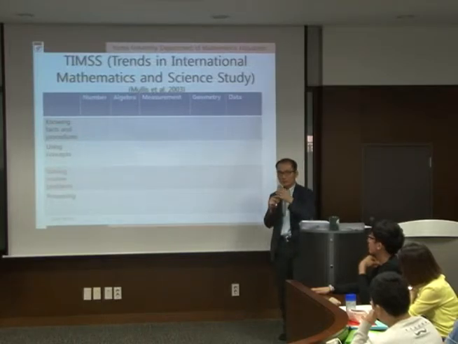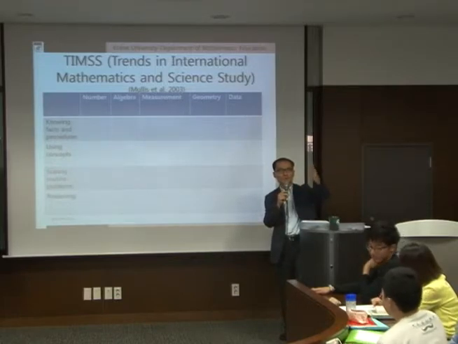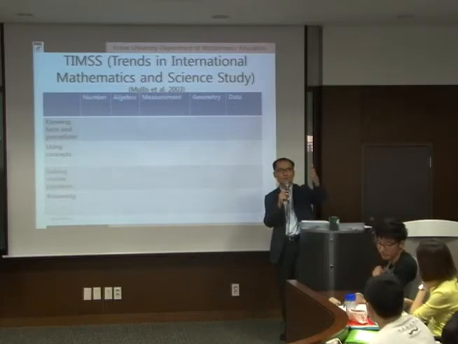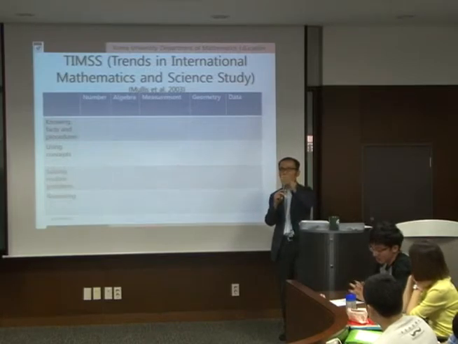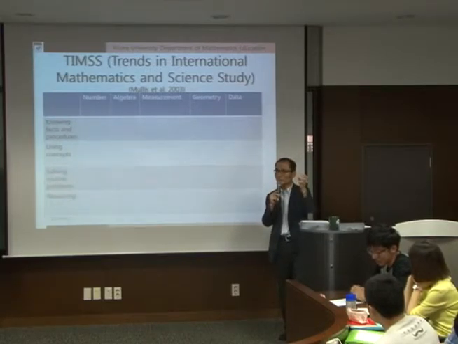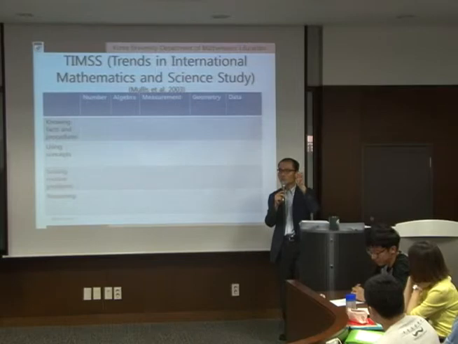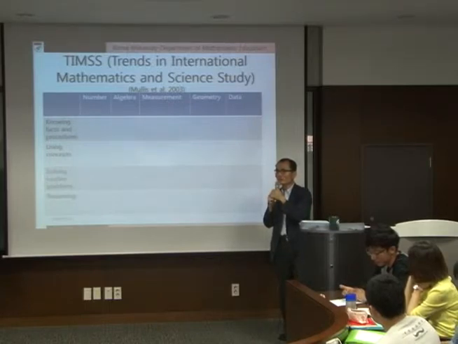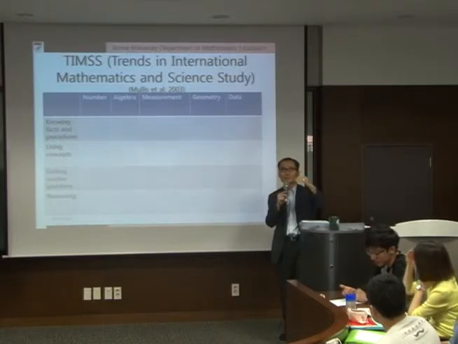I think, as you pointed out, if you're going to consider mathematical thinking processes, right, there are different kinds of thinking processes. But one of the important issues is how to include all of the processes students are going to experience in school mathematics, right? That's why the conceptual framework is important.